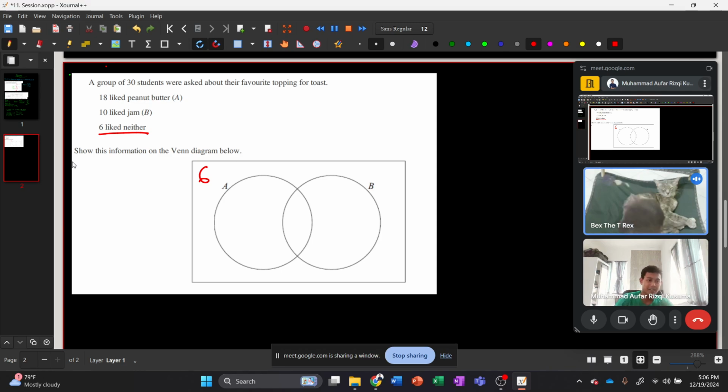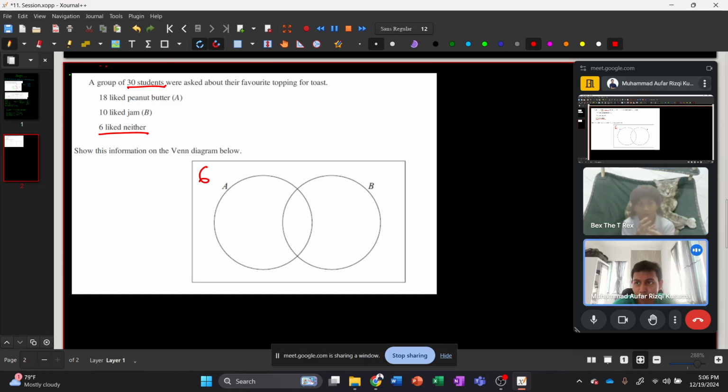This one is hard, because there isn't a single hint. The hint is like this, Bex. We have known that 6 like neither, right? That means from 30 students, 6 are removed, which is left with 24.